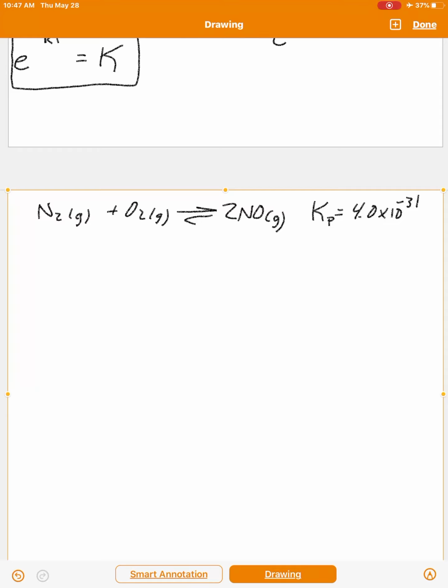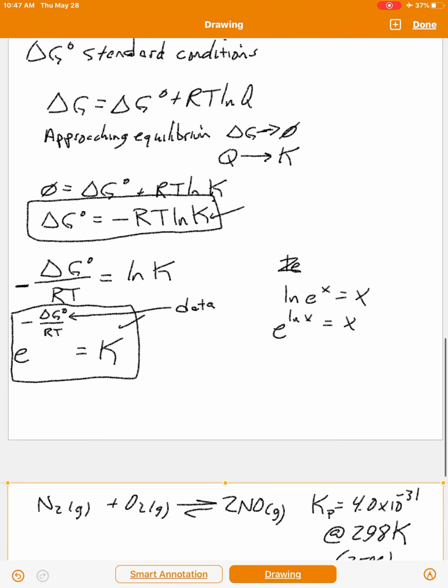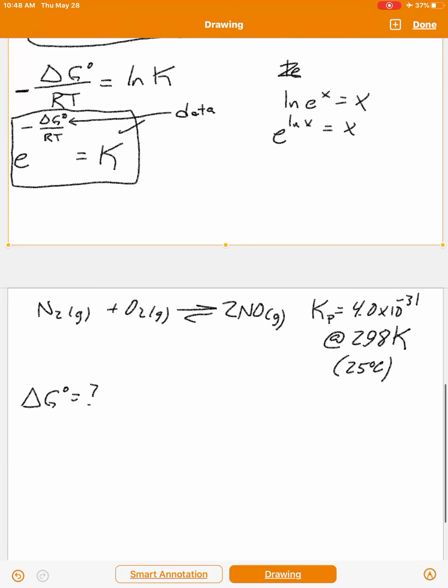Okay, so we've measured that. And this is at 298 Kelvin, right? 25 degrees C. Could we find delta G naught for this reaction? Well, according to this equation right here, we can, right? Delta G naught is minus RT ln K. That's all we need. So let's come through it.